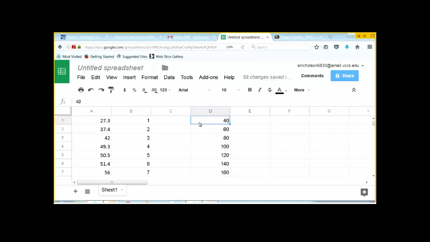So what that's going to do is there's going to be a class which is the numbers that are less than 40, 40 or less. And if I look at my data, I should have two which are 40 or less. The next one will be greater than 40 and less than or equal to 60. And then the next one will be greater than 60 but less than or equal to 80.